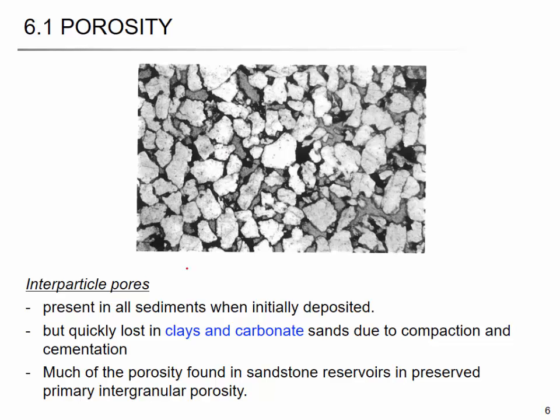But it's quickly lost in clays and carbonate sand due to the compaction and the cementation. And much of the porosity found in sandstone reservoirs is preserved primary intergranular porosity. So in sandstone, this kind of interparticle pore is well preserved, but not in the carbonate or the claystones.